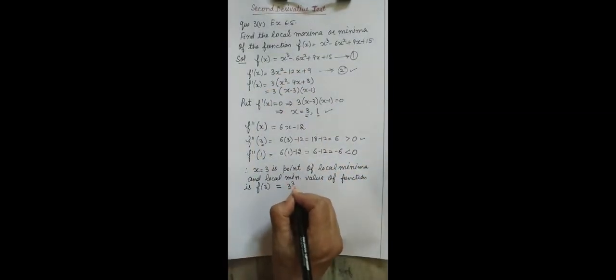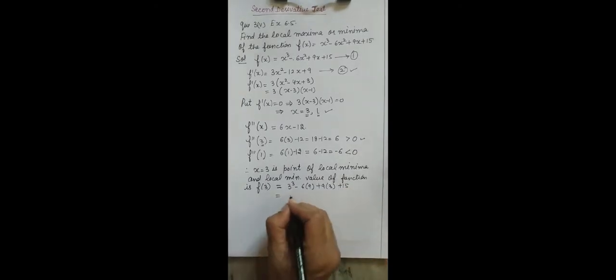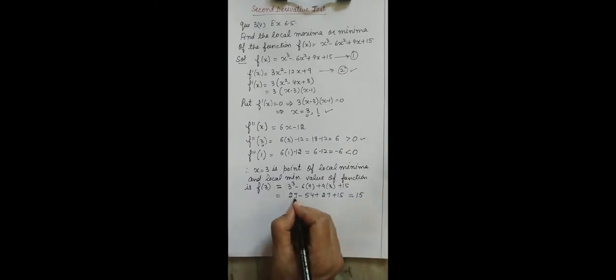So it is 3 cube minus 6 into 9 plus 9 into 3 plus 15, which gives me 27 minus 54 plus 27 plus 15, and which will be equal to 15. Because what is 27 plus 27? 54. 54 minus 54 is 0. So 15 is my local minimum value.